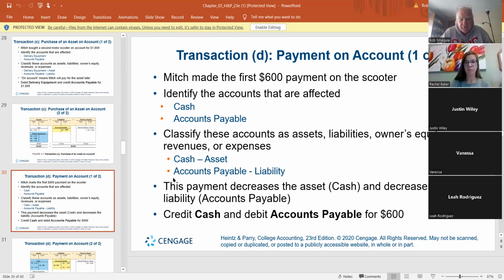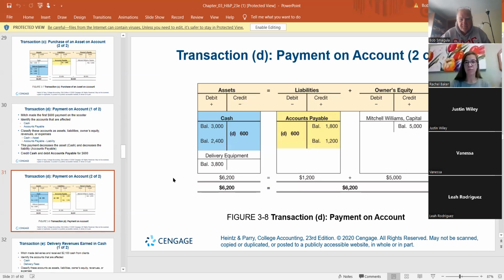We're going to reduce cash with a credit, and we're going to reduce the liability with a debit. Debit. And here we're looking at it. Notice we had an $1,800 purchase on account, accounts payable. And now we just paid down 1/3 of it for a balance of $1,200. And our accounting equation is in order.